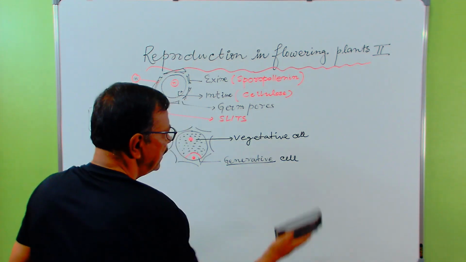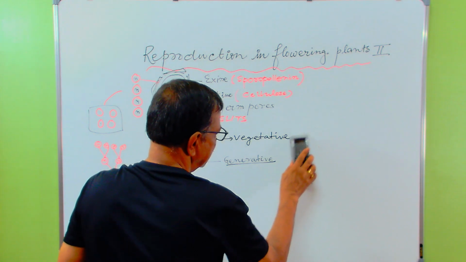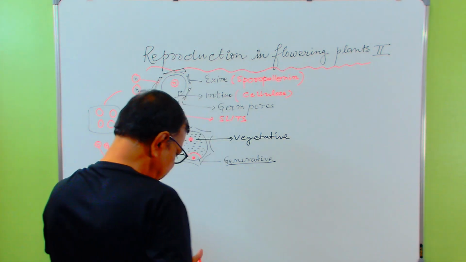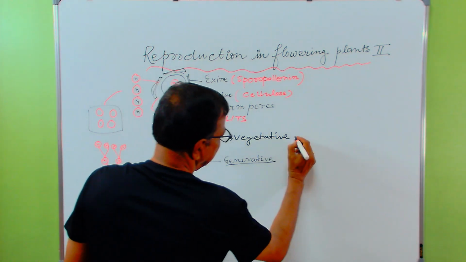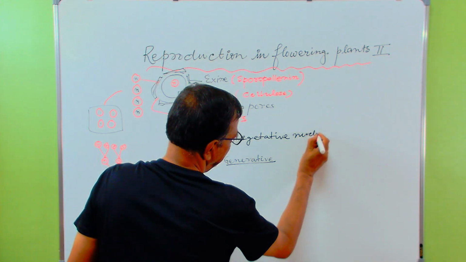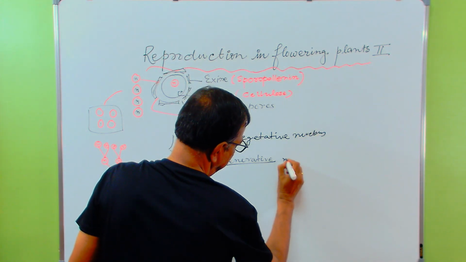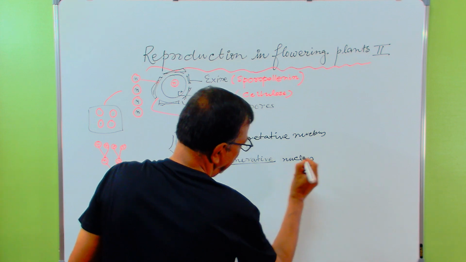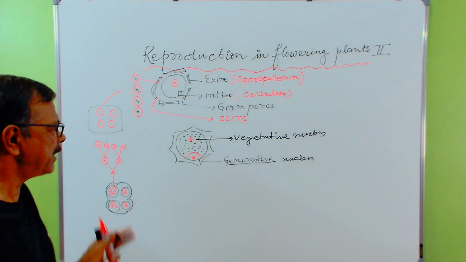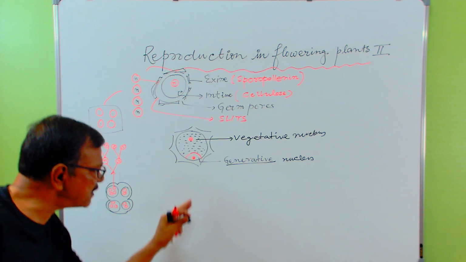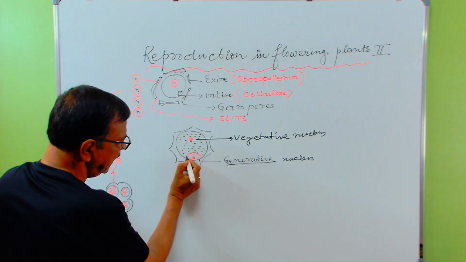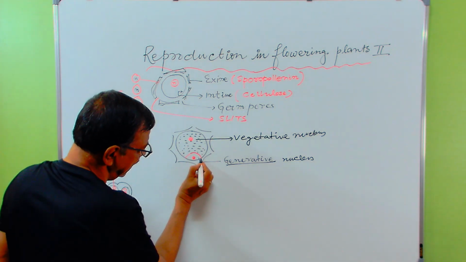To be more precise, generative nucleus and vegetative nucleus, or cells. You can say either. Now in the next phase, this remains attached with the cell wall.